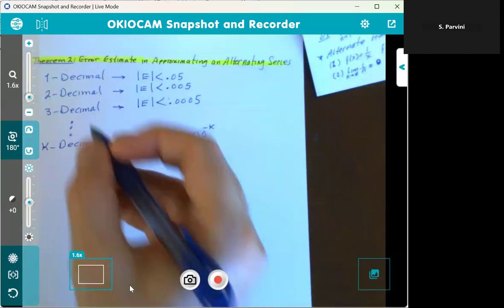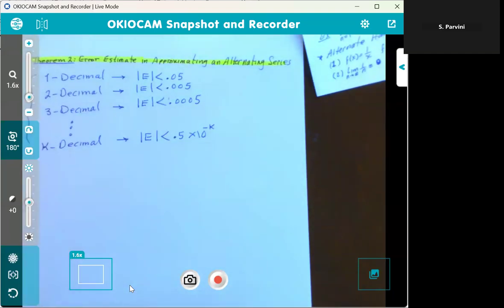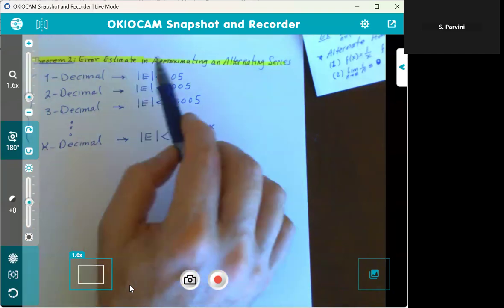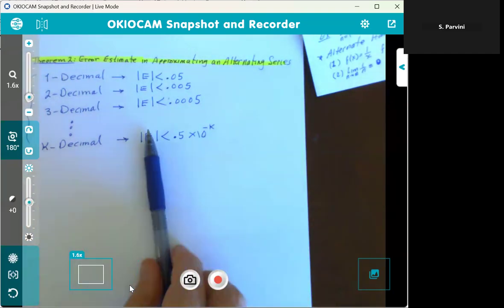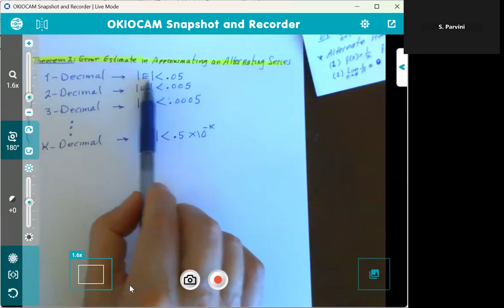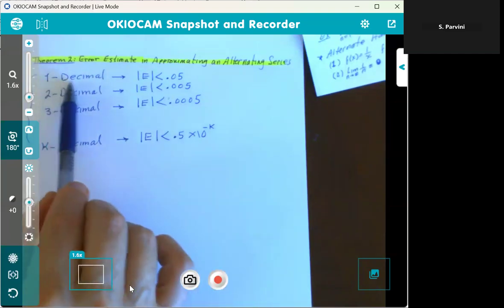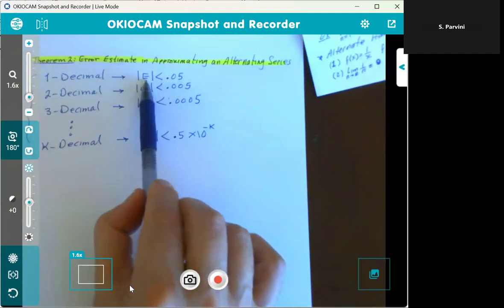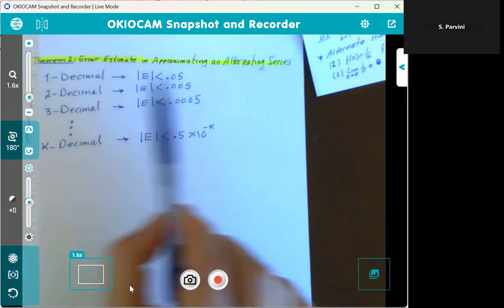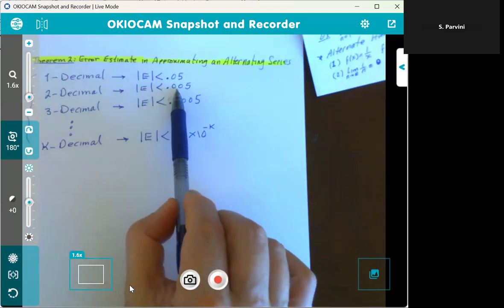First, I just want to clarify, before you actually see the theorem, what we mean when we talk about the accuracy of estimates. If we require that the absolute value of the error, E stands for error, and we take the absolute value because the error could be positive or negative, to be accurate to 1 decimal, that means the error has to be less than 0.05. 2 decimal accuracy requires the absolute value of the error be less than 0.005.